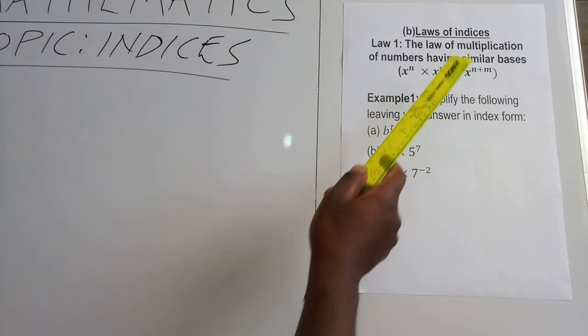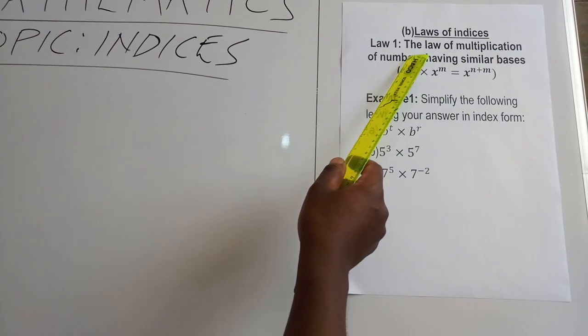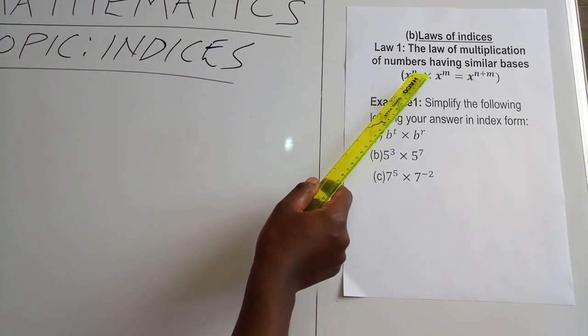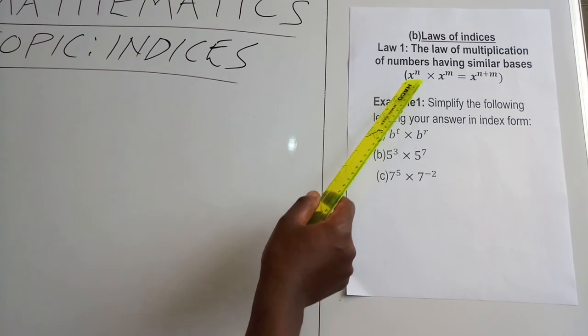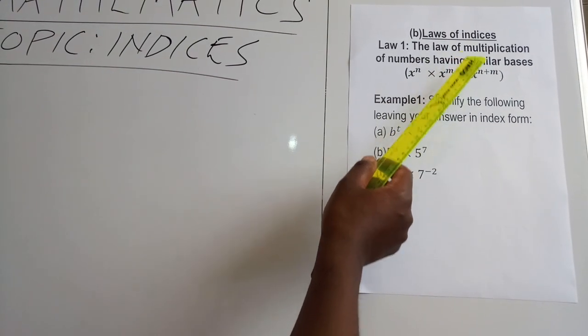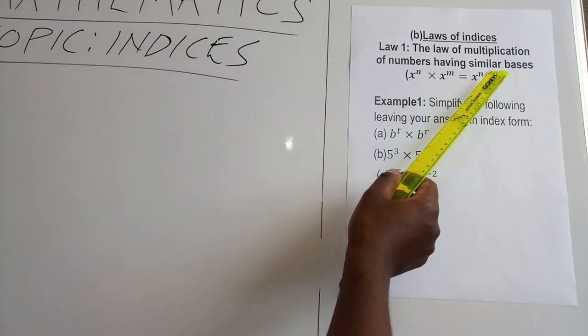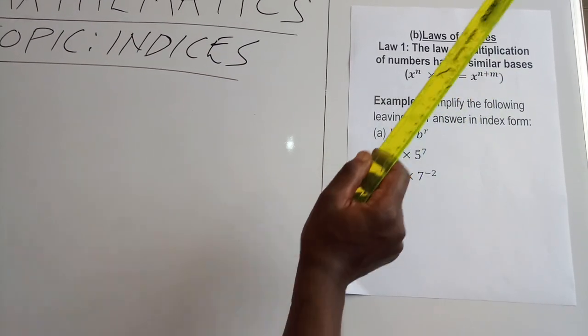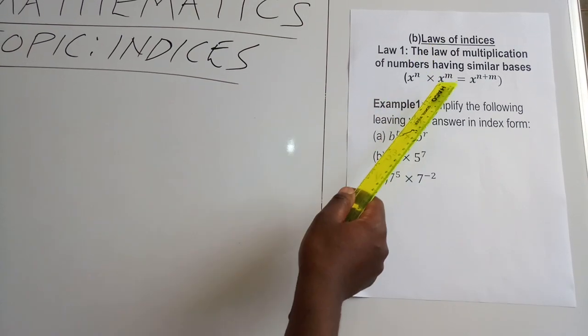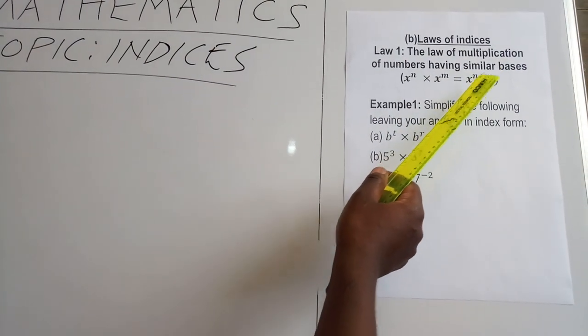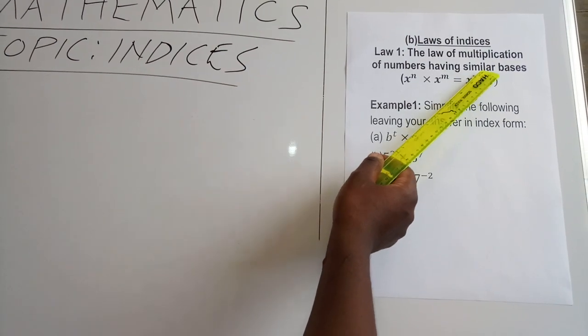It is the law of multiplication of numbers having similar bases, and this is how we state the law. x^n times x^m is equal to x^(n+m). I repeat, x^n times x^m equals x raised to the power of n plus m.